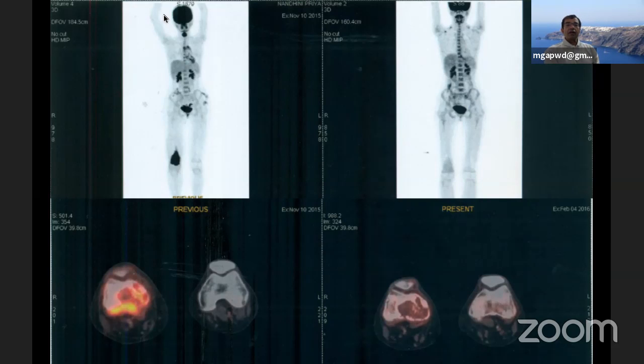An X-ray or an MRI may not give an idea about the response to chemotherapy, but a PET-CT is extremely useful because when you find that the SUV max values, which indicate the metabolic activity, have fallen by more than 50%, we know that this patient has an extremely good response to chemotherapy, as in this case.